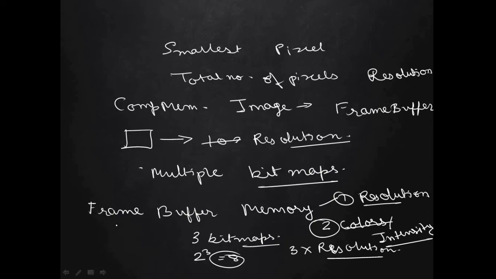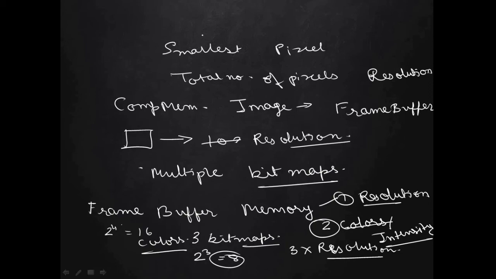Now suppose you have taken 4 bits per pixel, then 2 to the power 4, then a total of 16 colors you can have in your system. And in that case the required memory will be 4 into the resolution of the screen.